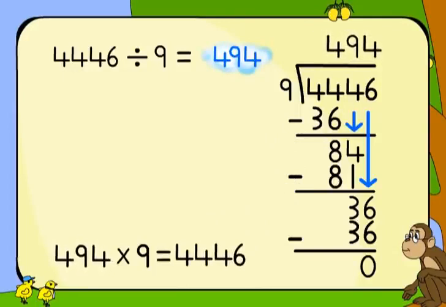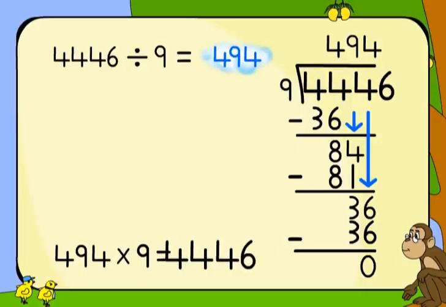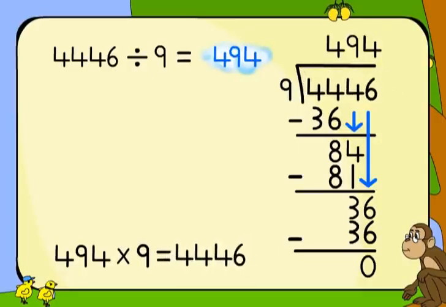Four hundred and 94 into 9 is equal to 4446.